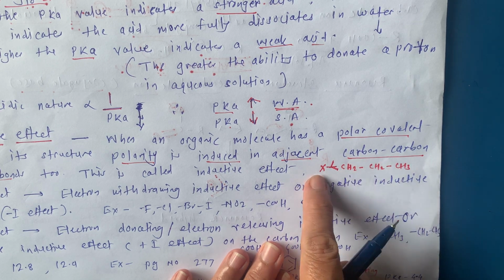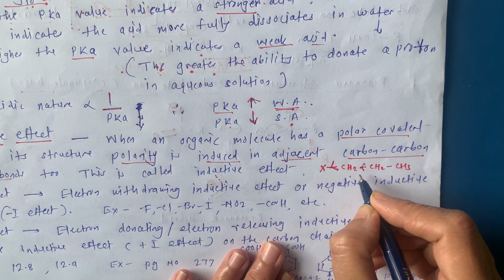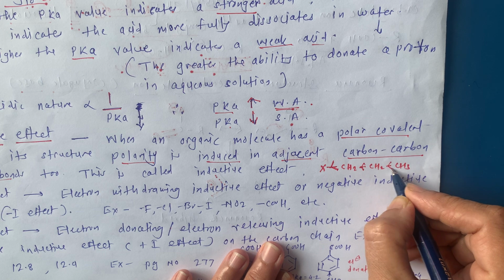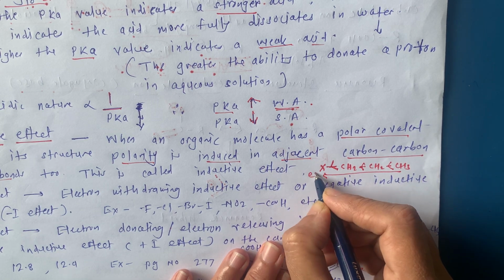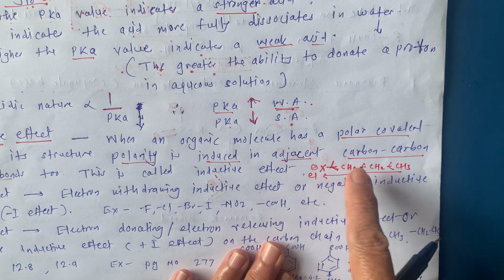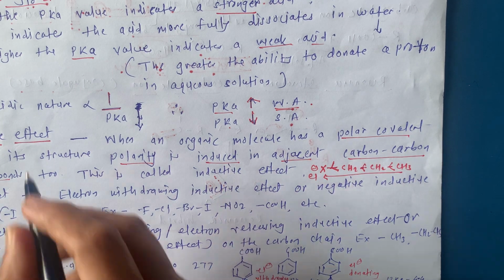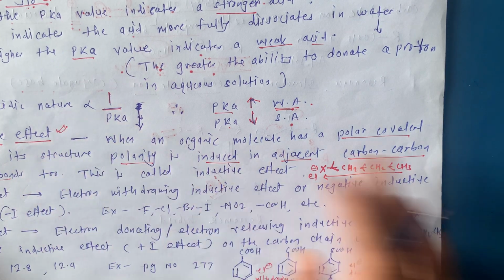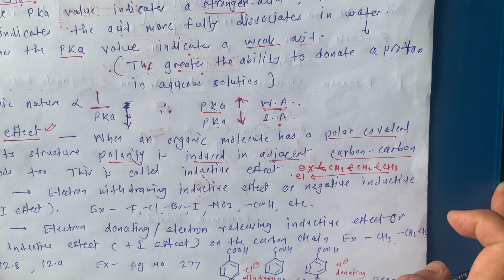So it is going to pull on this CC single bond, then the next CC single bond, and electrons are moving towards here like this. Electrons are going to move from here to here, and whatever effect we observe in this CC single bond or this CC single bond is known as inductive effect.